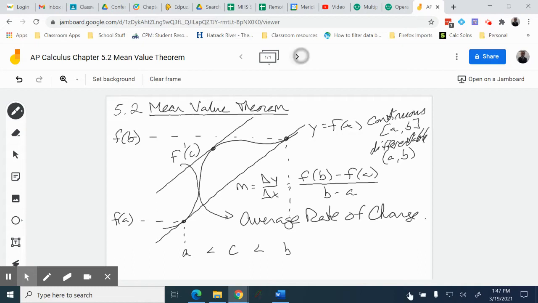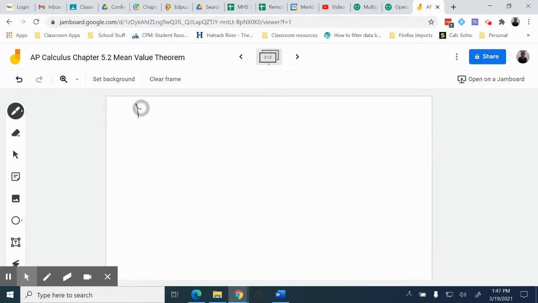So let's go ahead and write this down. The mean value theorem is defined as follows.